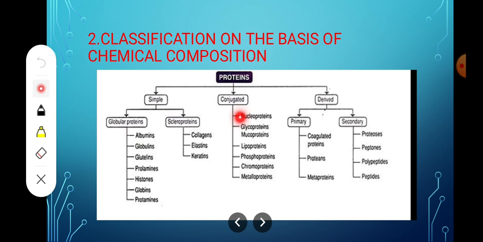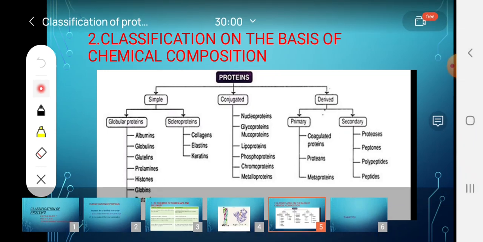Conjugated proteins are associated with inorganic and organic prosthetic groups, and there are 6 types of conjugated proteins depending on their prosthetic groups. That is, nucleoproteins contain nucleic acid as a prosthetic group. Glycoproteins contain carbohydrate. Lipoproteins contain phospholipids or cholesterol.